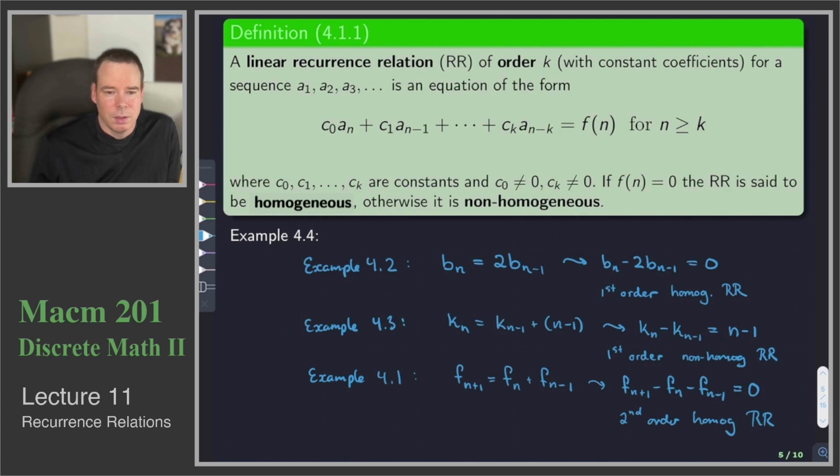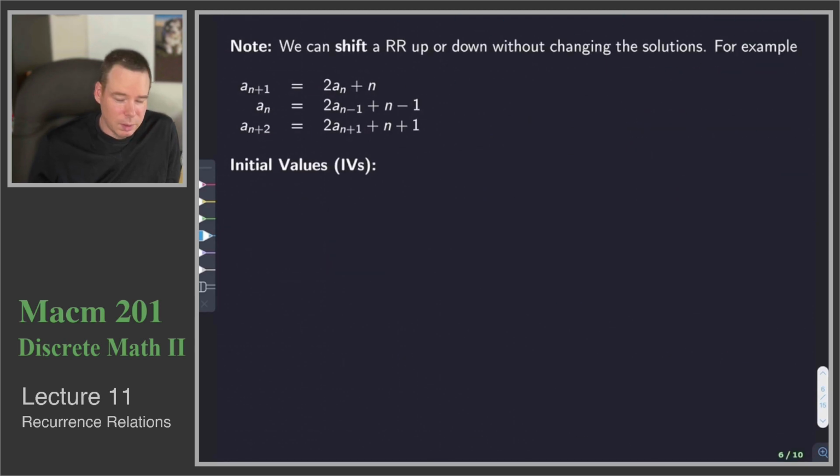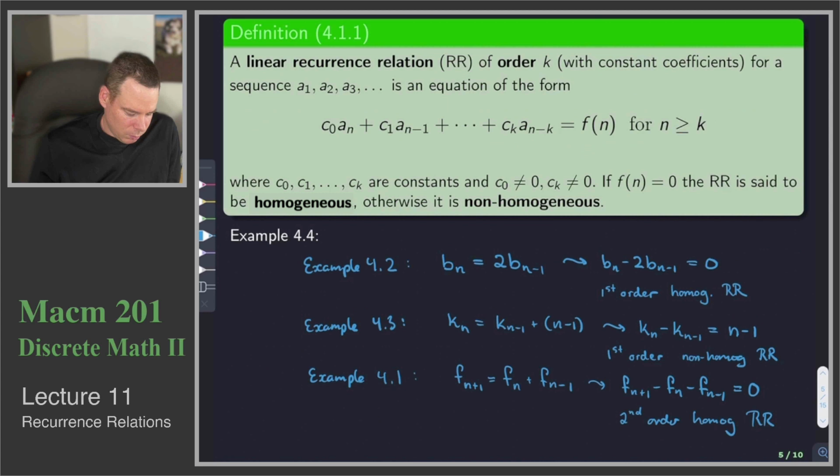So there's our formal definition of a recurrence relation. And the order, again, is just how far back you have to go in the sequence to generate the next term of the sequence. Let's have a look at some notes. So there's a note about subscripts here, and it's just because when I write down various recurrence relations, sometimes I'll write the Fibonacci one in this way.